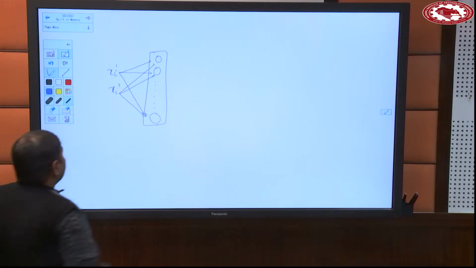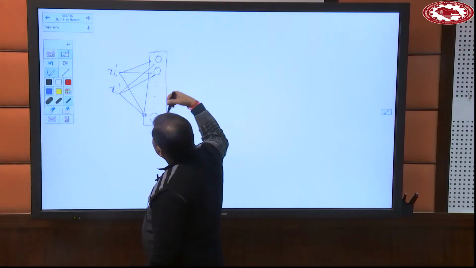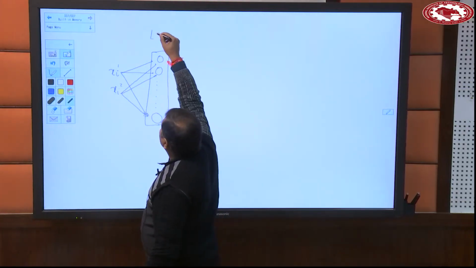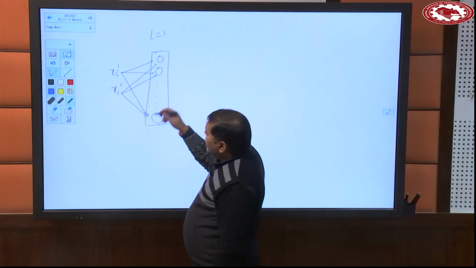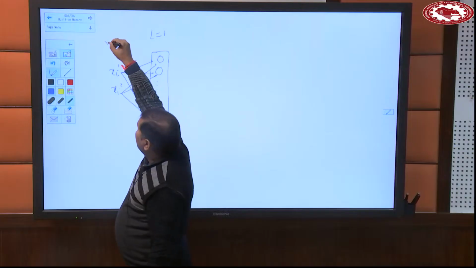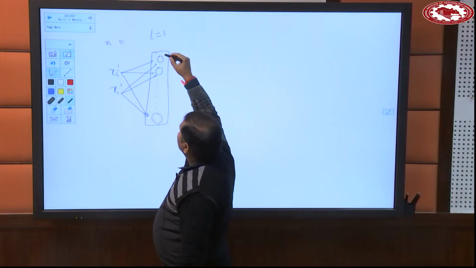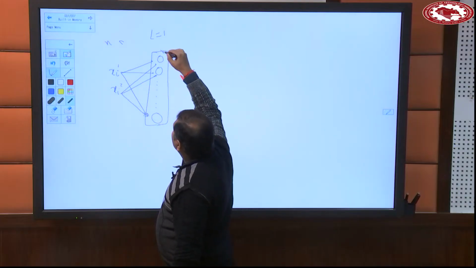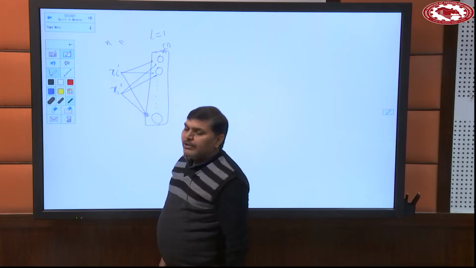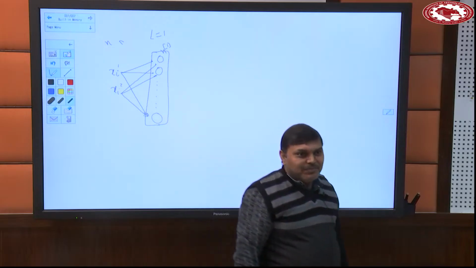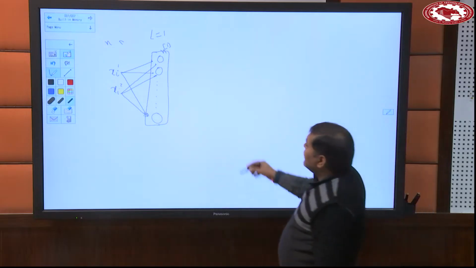Let this layer ID be 1. Every neuron we are representing using a small n. So, this is n1, with the superscript in square brackets being the layer ID, and this is the first neuron.